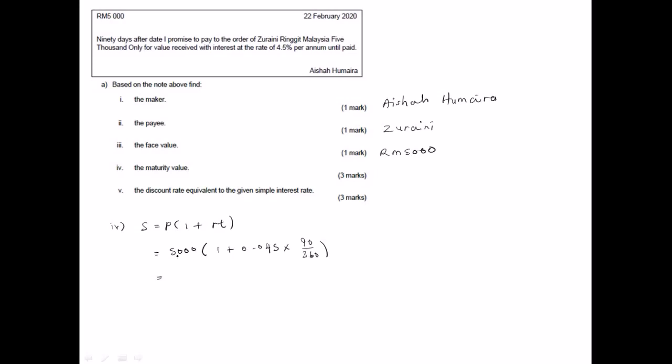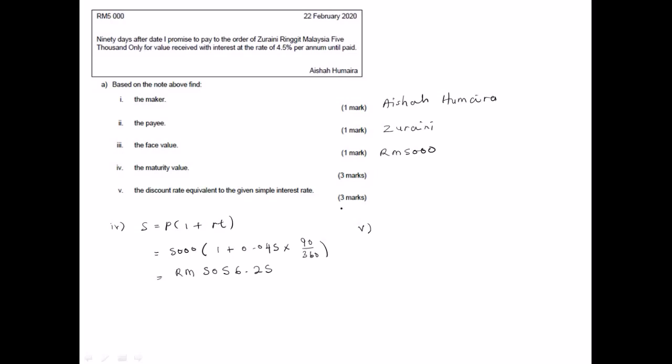Just follow what's written here. 5,000 and then bracket 1 plus 0.045 multiply, you put the fraction in another bracket, 90 over 360, close bracket, equal. We get S equals RM 5056.25.